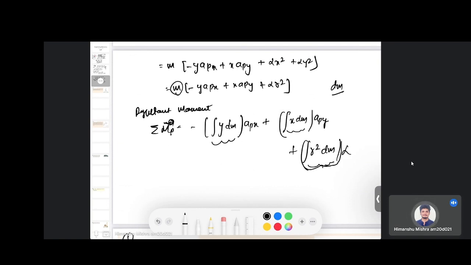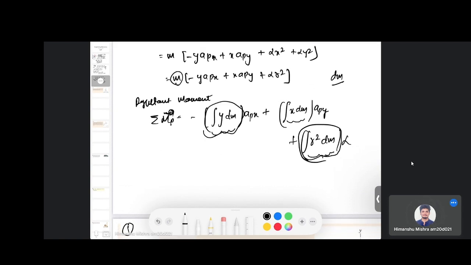So this quantity is actually the moment of inertia, whereas this is the location of center of mass or center of gravity, in case both are coinciding. So this will be y bar m apx plus x bar m apy plus, and this quantity is the moment of inertia, because in mechanics the second order quantity is referred to as a moment of inertia, so it is Ip alpha.